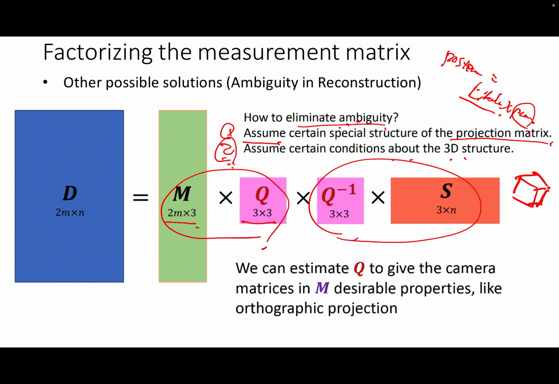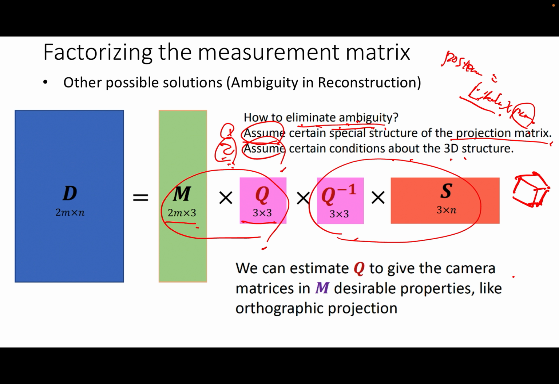This is not only a special case of SfM. In any algorithm in computer vision, if we do not have observation, then the only way to make the model better is using prior. So the only way to eliminate ambiguity in structure from motion is using prior, like assuming something in the camera projection matrix, or assuming something in the 3D structure. In both ways, we can eliminate ambiguity.